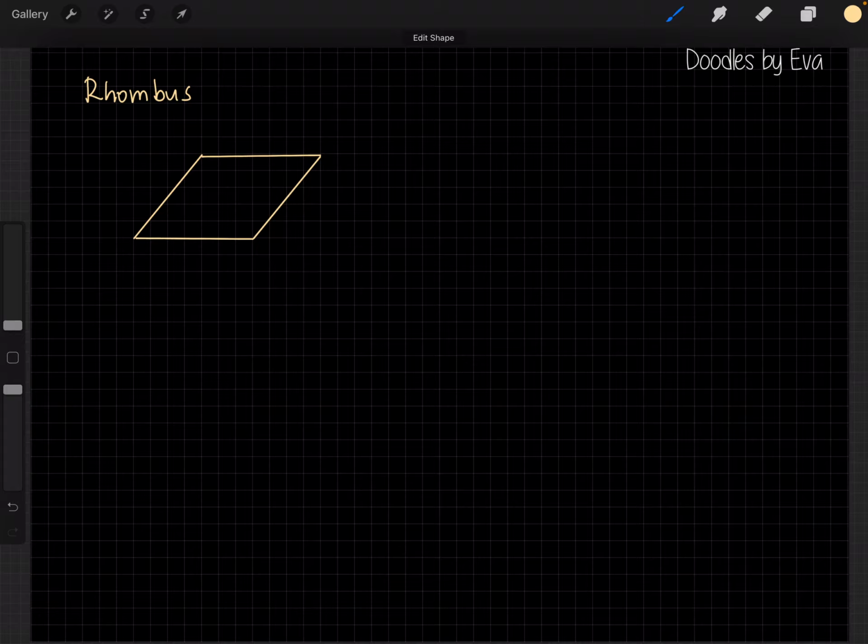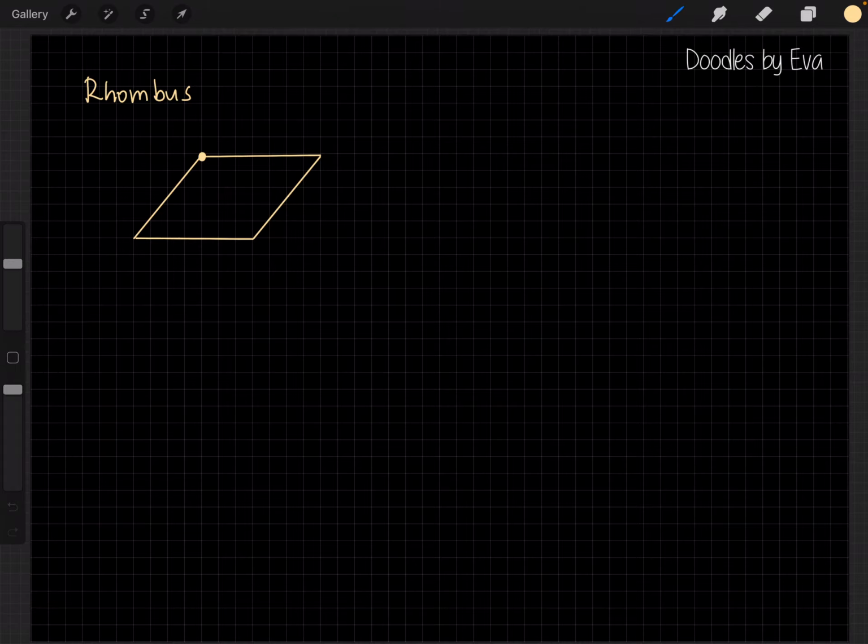There. Let's add some points for reference. Let's name these points A, B, C, and D. Okay. A rhombus is also a parallelogram. A rhombus has the same properties as a parallelogram.